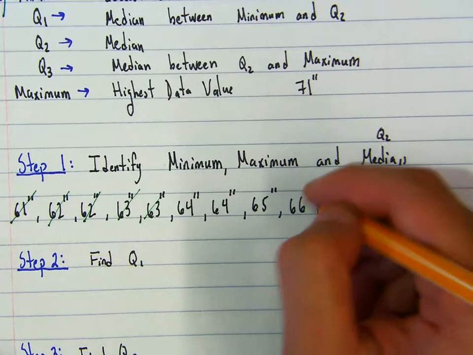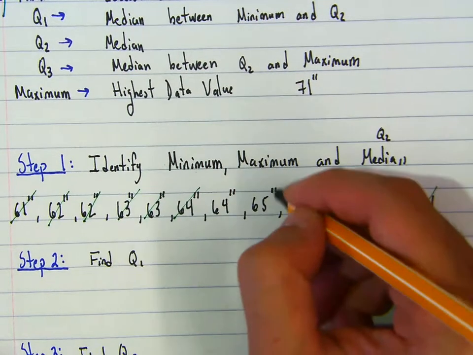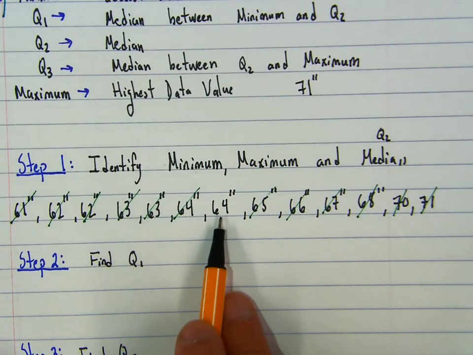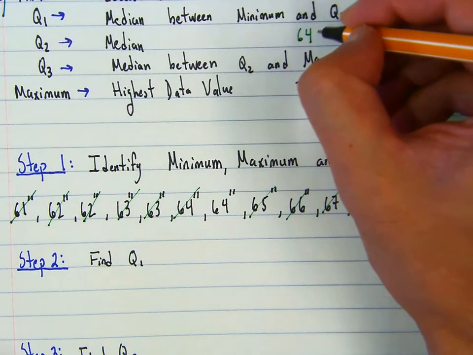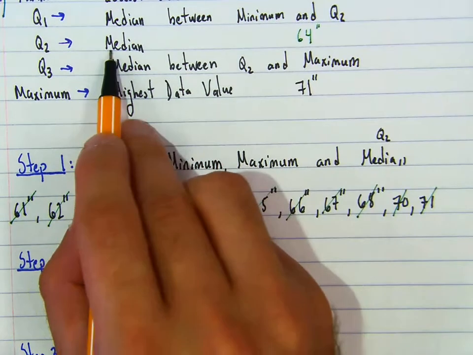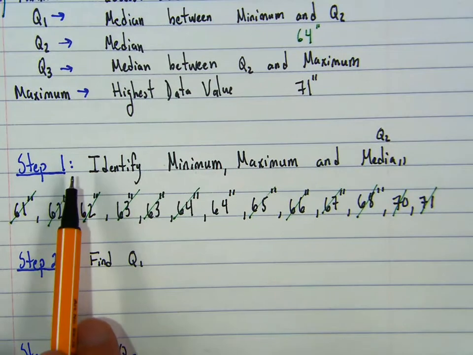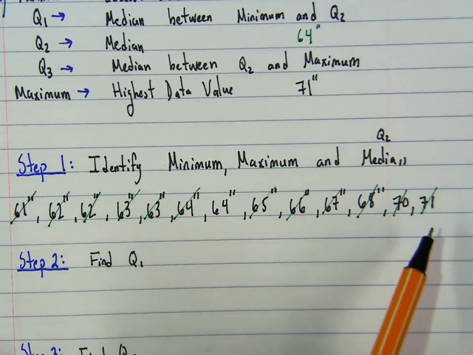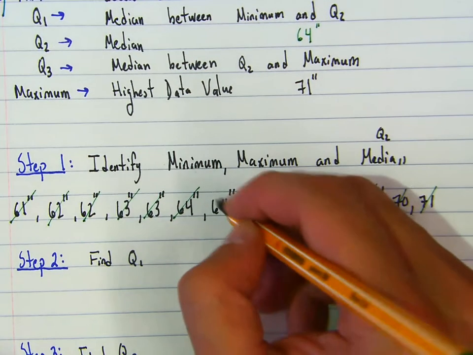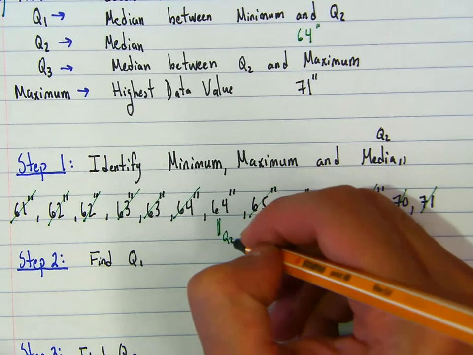Then I do these, then I do these, and then, what is that middlemost number? It's 64. Great, so 64 inches is my Q2. Q2 is the median. And we completed step 1, right? Identify the minimum, identify the maximum, and notice that this value over here is my Q2.